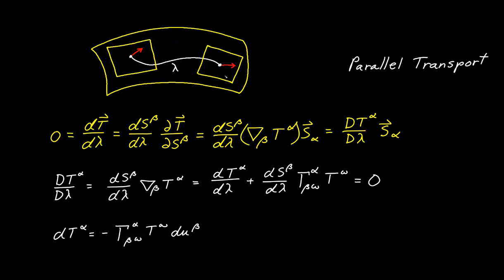But where a curved surface is concerned, we're generally only interested in comparing vectors that lie in the tangent plane with one another. So that presents us with a problem, because if we were to take a vector that lies in the tangent plane here and truly parallel transport it to this location, then we'd find that because the surface is curved, that this comparison, dragging this vector, would introduce a normal component down here. And we don't want to do that.